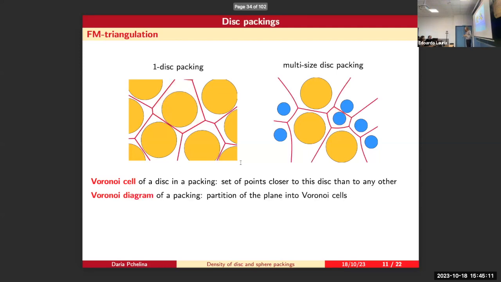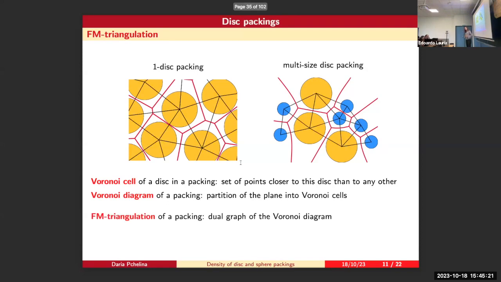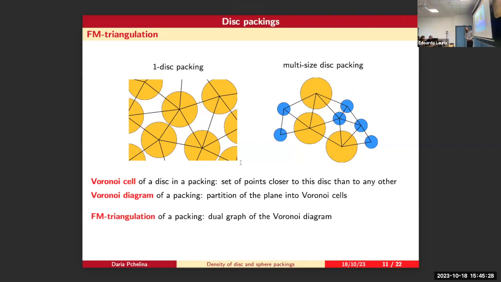So the partition of the plane into Voronoi cells of the disks is called the Voronoi partition, or the Voronoi diagram. And our triangulation is just the dual of this Voronoi partition. So we call the triangulation in question an FM triangulation, after its inventors in the case of disk packings, Fejes Tóth and Molnár.